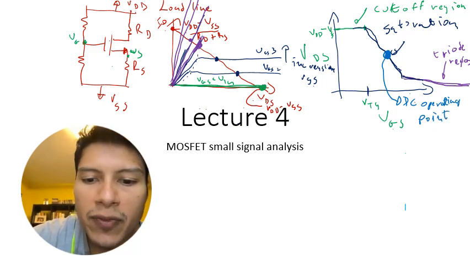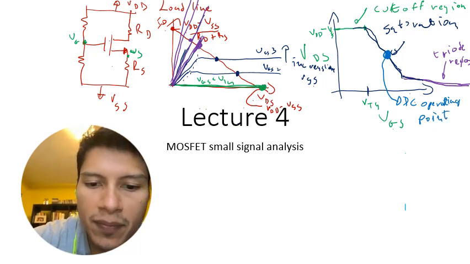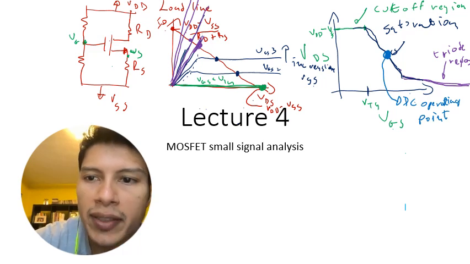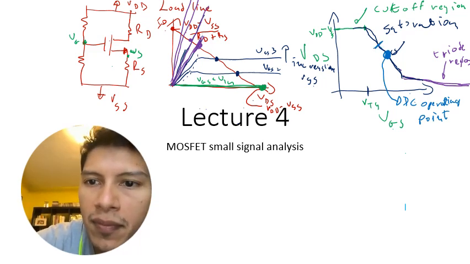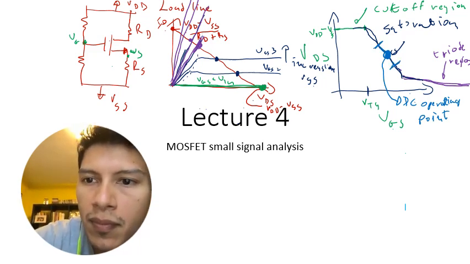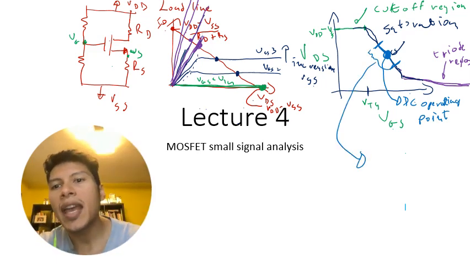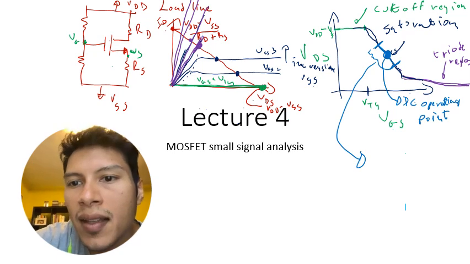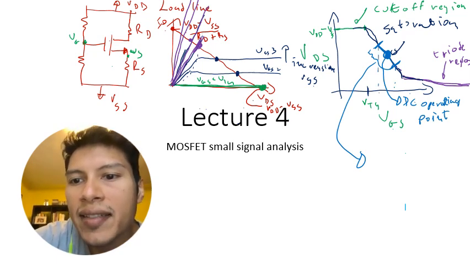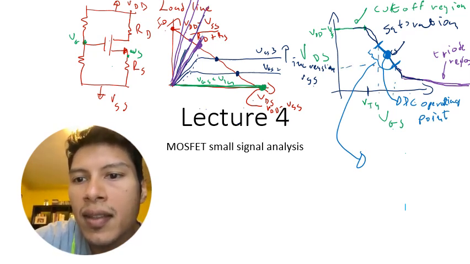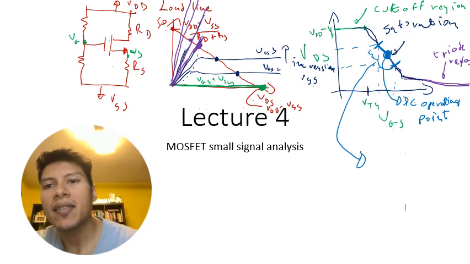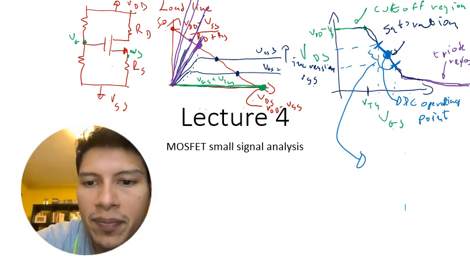And then when we varied VGS about that point, we would get a change in VDS that approximately varies linearly.